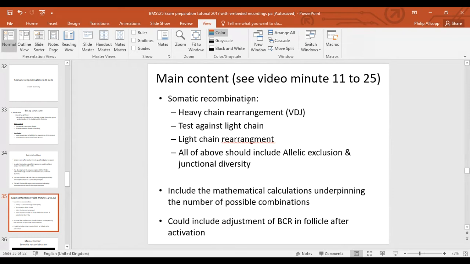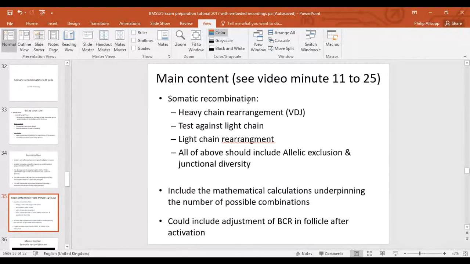You also need to include the mathematical calculations or the mathematical details that show you how much diversity is created through somatic recombination and how junctional diversity contributes to increasing that number.